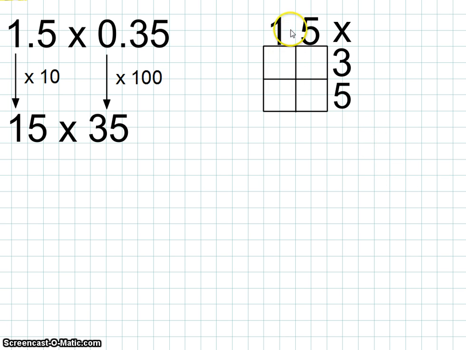And when you draw in these lines, you're dividing the one square into 4 smaller squares. Imagine that you're with the vertical line here, you're drawing it between the 1 and the 5 for the number 15, and you're drawing this horizontal line between 3 and 5 for 35.